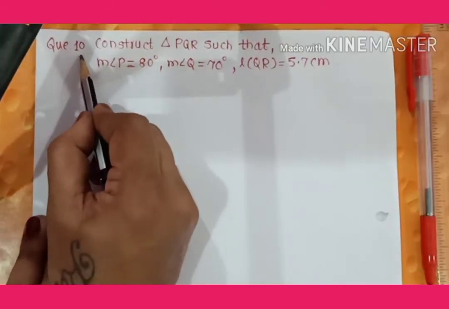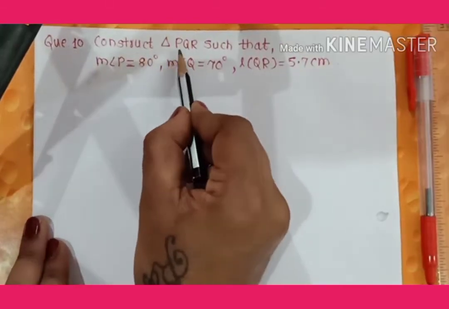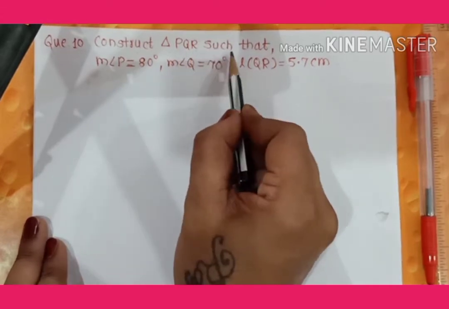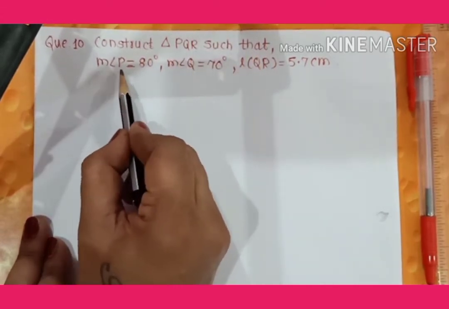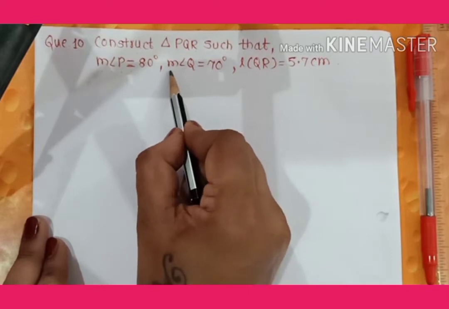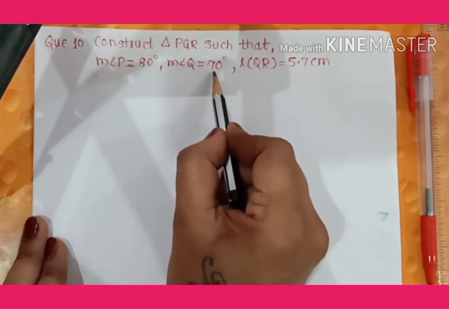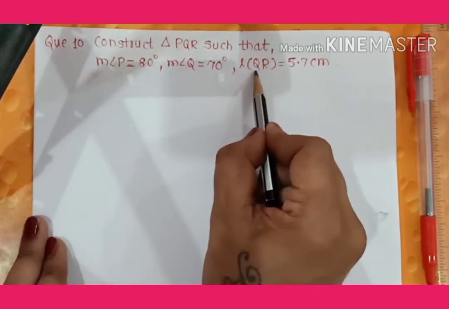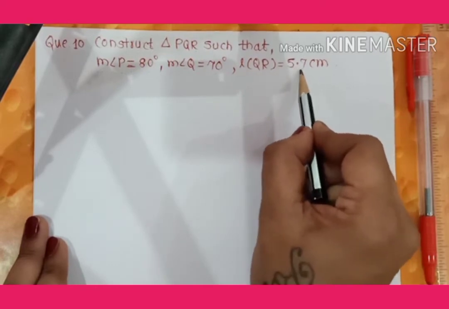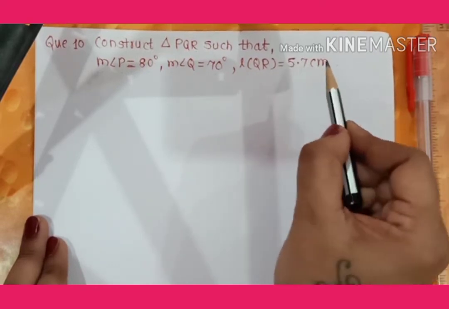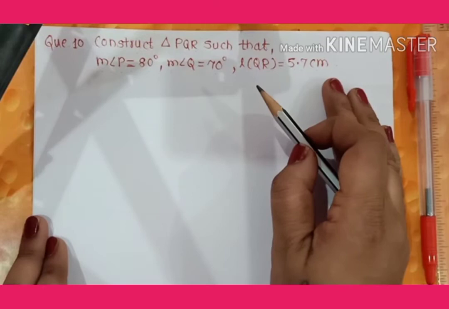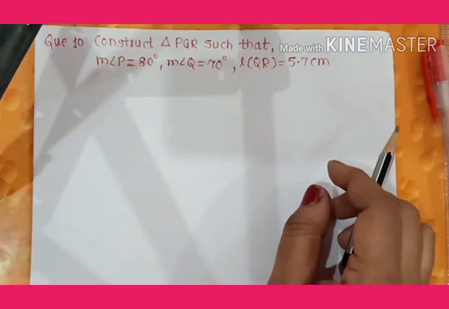Question number 10. Construct triangle PQR such that measurement angle P is equal to 80 degree, measurement angle Q is equal to 70 degree and length QR is equal to 5.7 centimeter. From this given information, first draw rough figure.